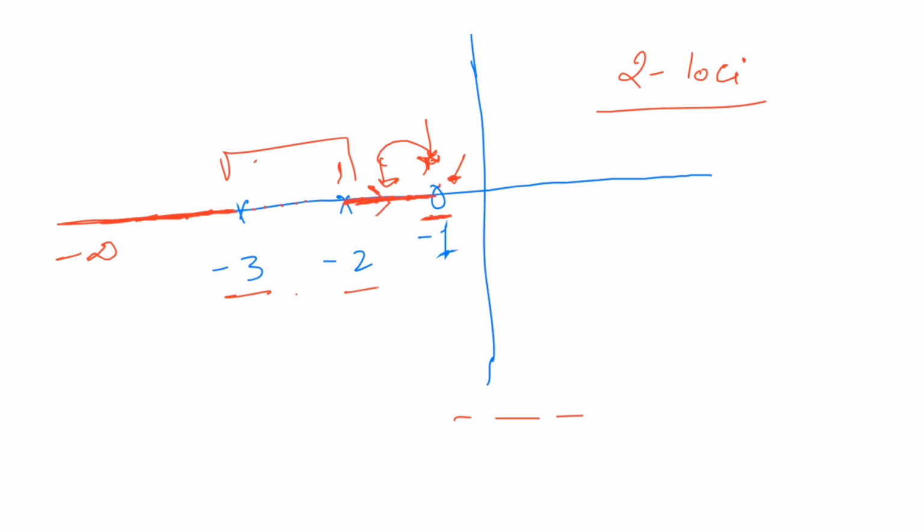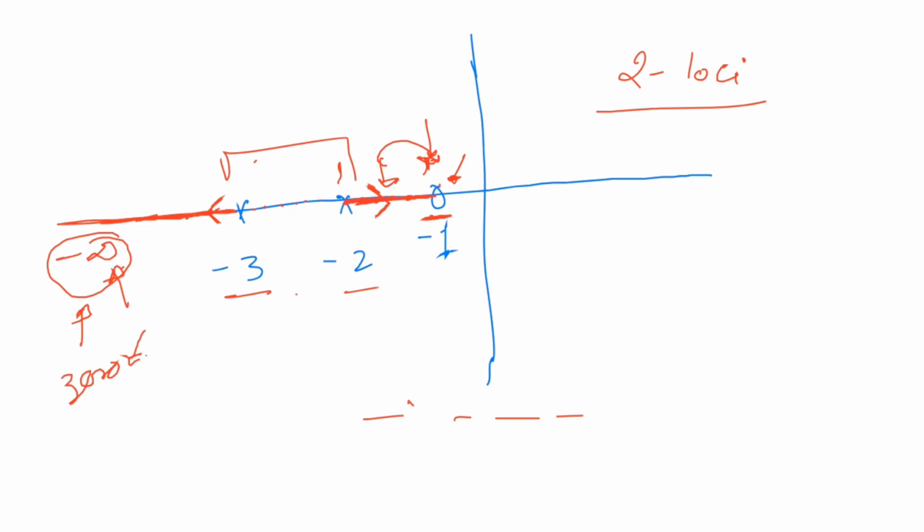The direction of the loci will be this, because root locus always starts from open loop poles. So it originates from the poles, and this one goes towards the zero and ends up there. This other locus is going towards infinity, which means the other zero, which is not given in the example, exists at infinity.